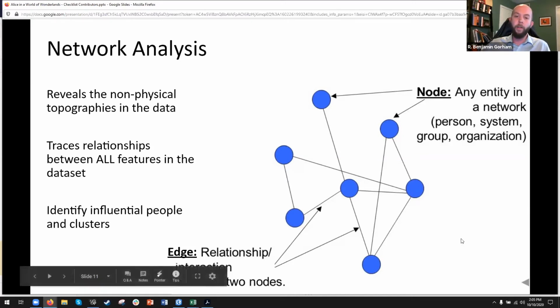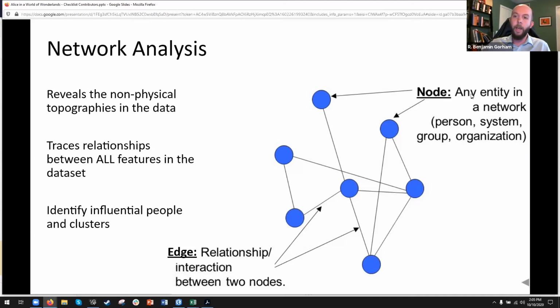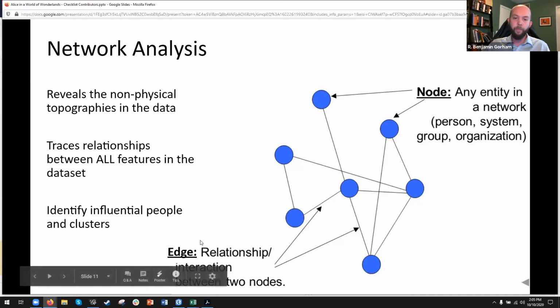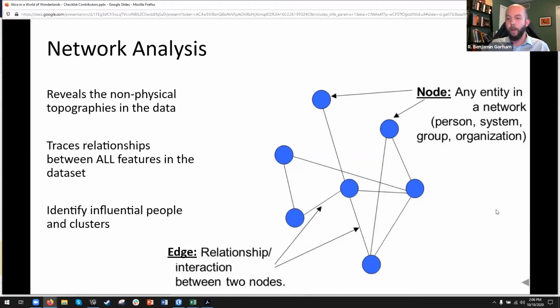And in network analysis, there's a couple of different terms, such as nodes, and nodes represent any entity in that network, and they're the big dots here. Those are going to be either the countries, the publishers, the illustrators, the books themselves, whatever we want them to be. And then the edges, which are the lines connecting these nodes, those represent the relationship between them, the interaction between them. So for example, we might see a customer and the bank that he uses.